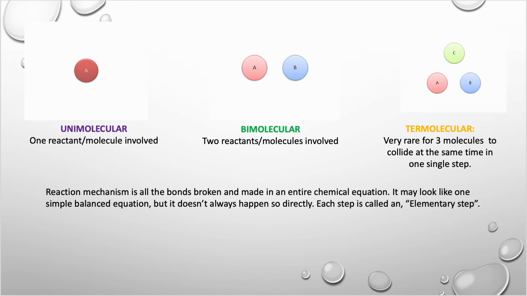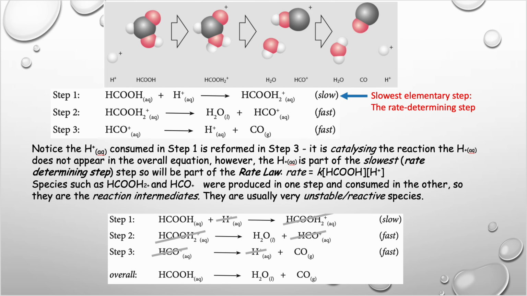This will make more sense when we look into this example. So here we have two molecules in which we have formic acid, HCOOH.